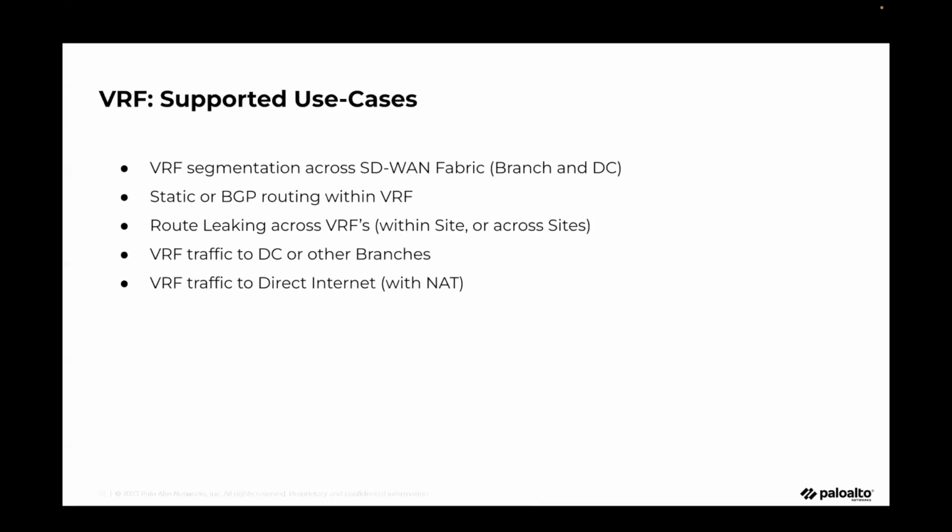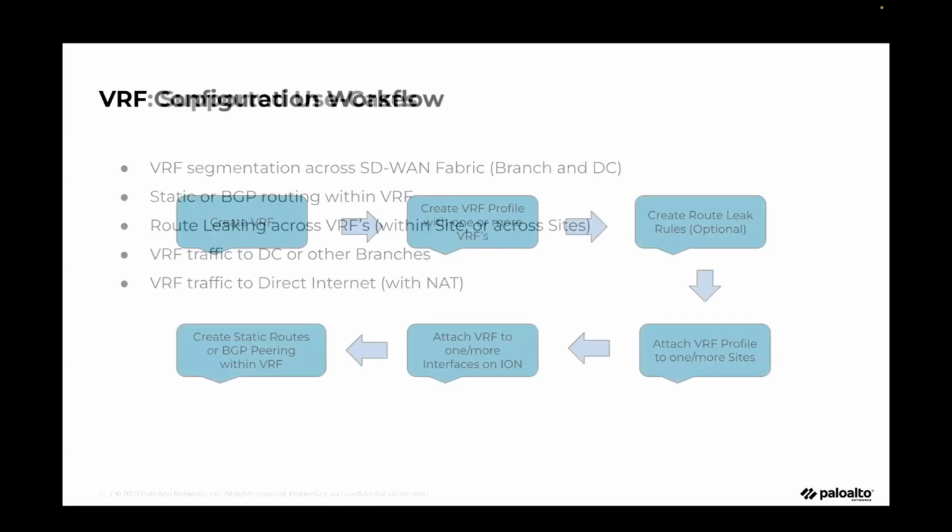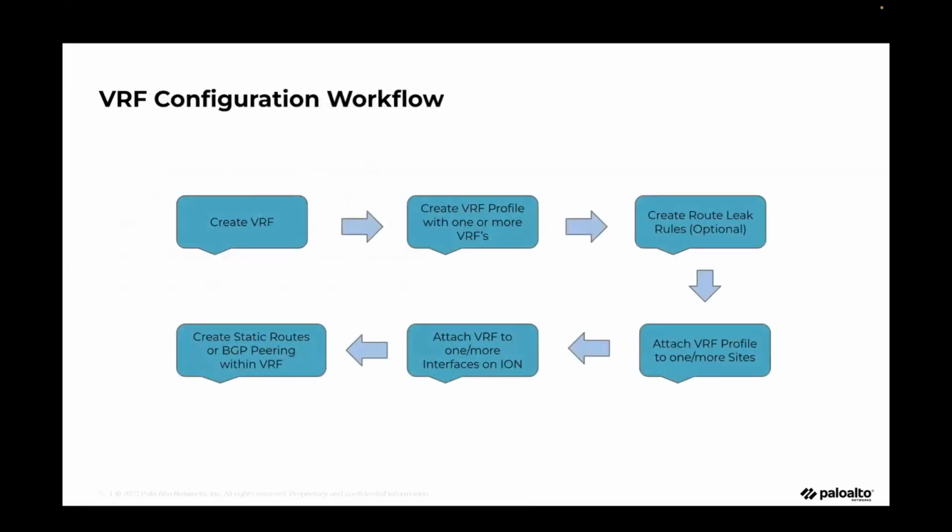Let's look at how you would do the VRF provisioning and some screenshots to show you. So the workflow, you first define a VRF. So basically you can define VRFs, red, green, blue. There is no need for route descriptors as you're used to in legacy networking. It's simply a VRF name. And then you define a VRF profile, which has one or more VRFs.